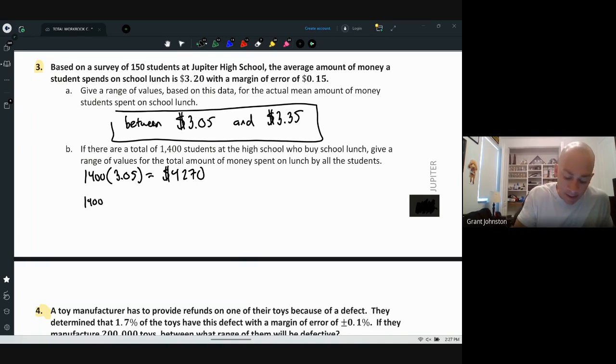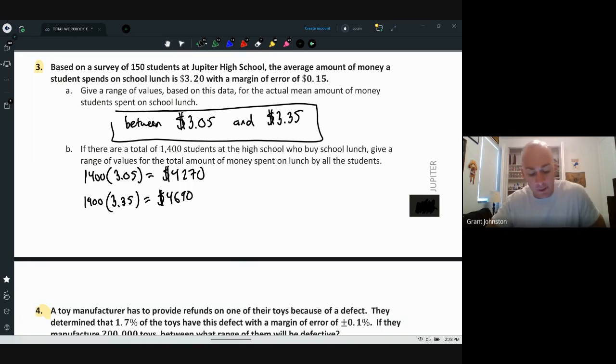And then let's say it's on the high end for the actual mean of $3.35. They would be spending, if I multiply those, $4,690.